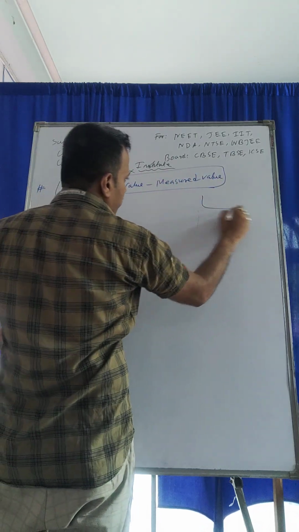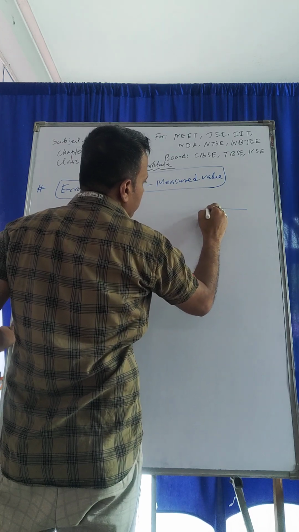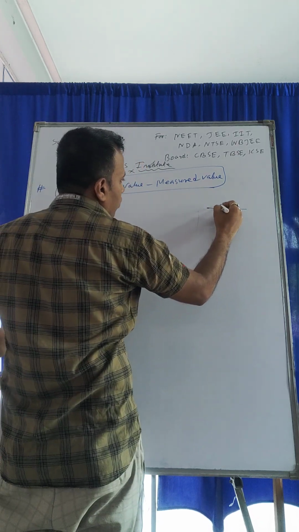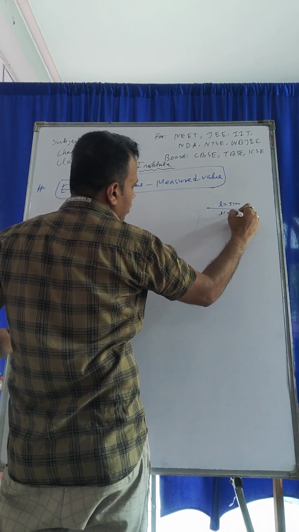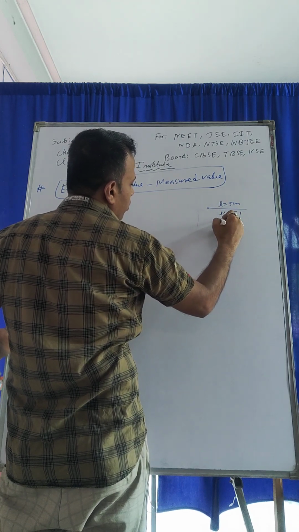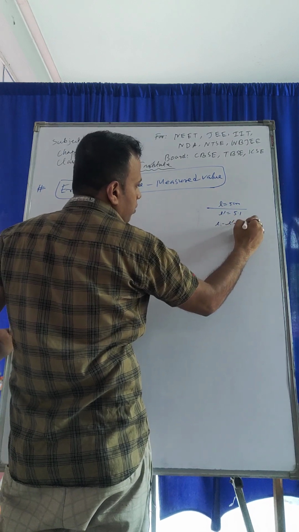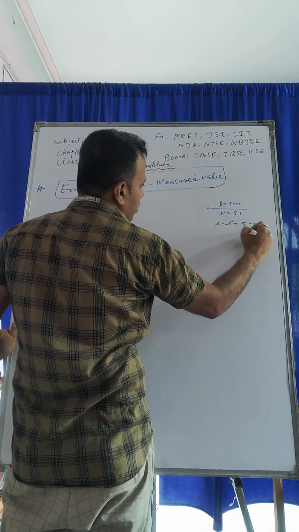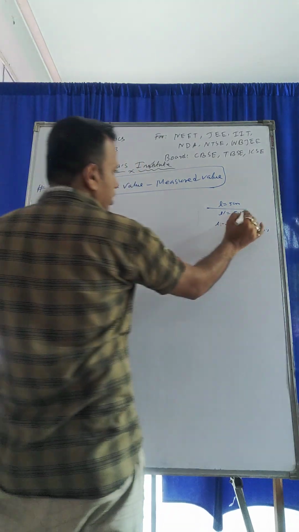For example, suppose you want to measure the length of a rod which is 5 centimeter, but you measure it as 5.1 centimeter. So what will be the error? L minus L dash will be the error, that is true value minus measured value, that is 5 minus 5.1, that is minus 0.1. So it will be the error here.